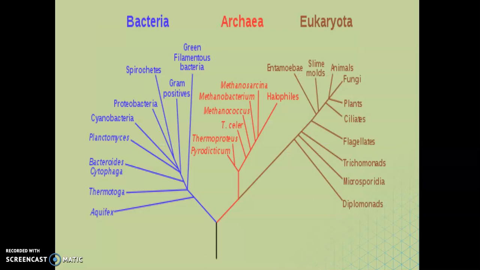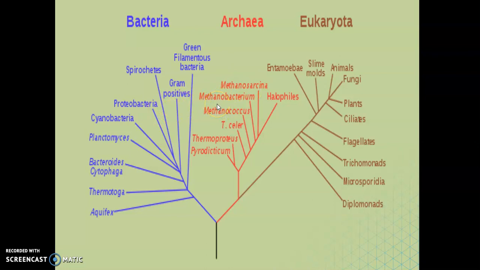This is another example: the bacteria, the archaea, or the eukaryote. We know that there is a lot of confusion between archaea and bacteria because they have a lot in common.